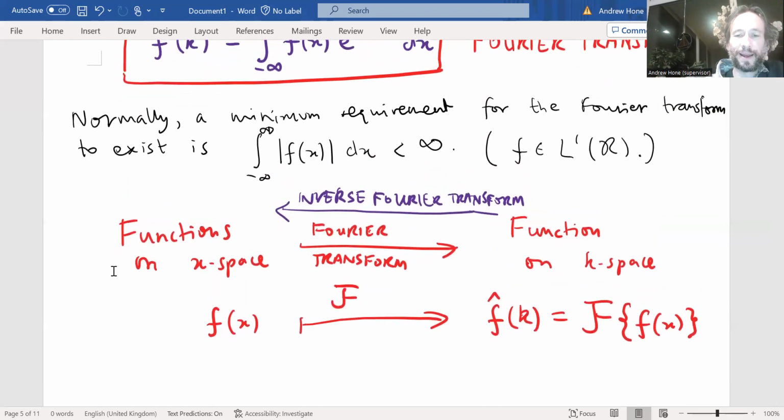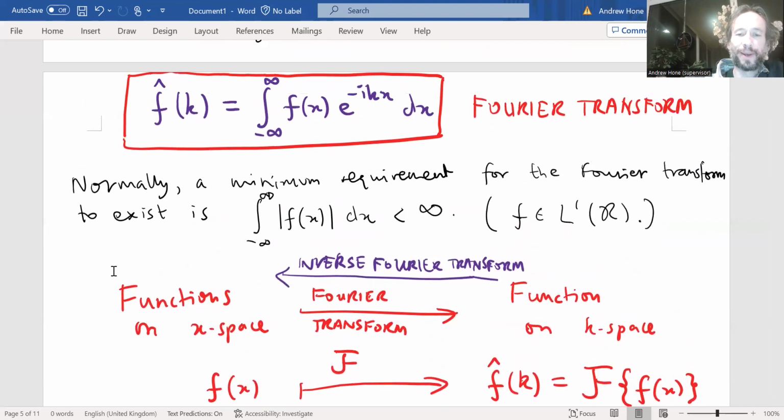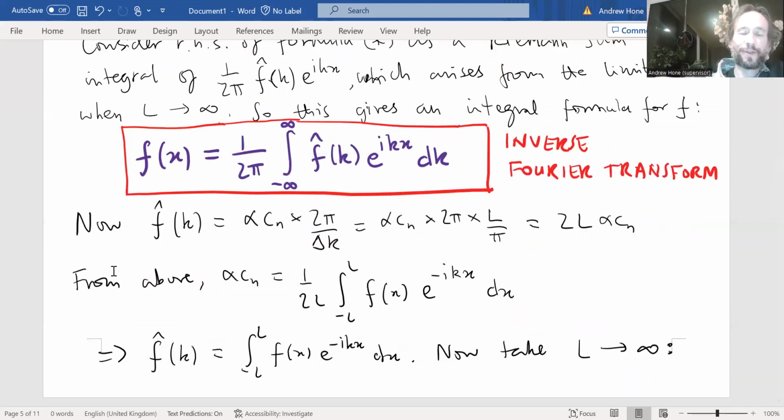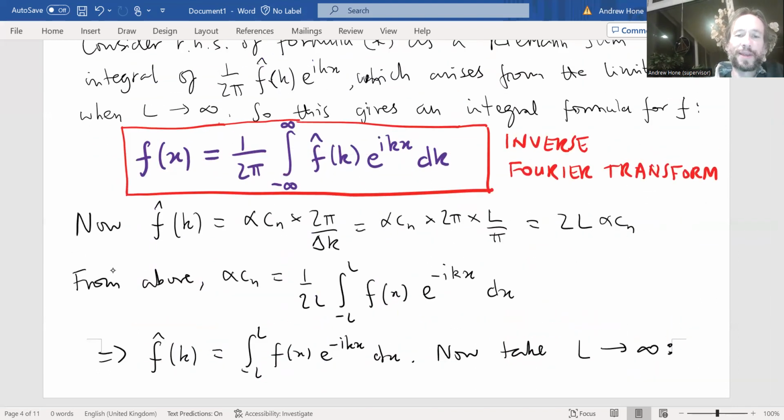All right, so that's going the opposite way. And again, if we started from a function of k, this integral is basically the same kind of integral, except that I've got e to the ikx instead of e to the minus ikx, and then I've got a 1 over 2 pi. So there's a scaling. And as I was trying to say, and why I faffed around with having this extra constant alpha, is that there are different ways to define these two things, according to how you scale everything.